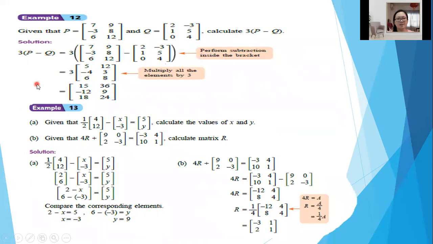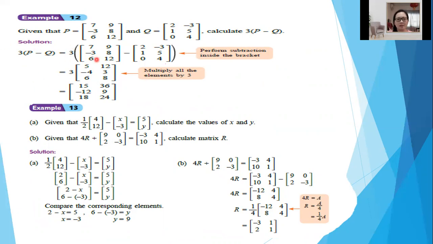Okay, next example, P and Q. Calculate 3(P minus Q). Remember P minus Q is in the bracket, so you have to solve the bracket first.